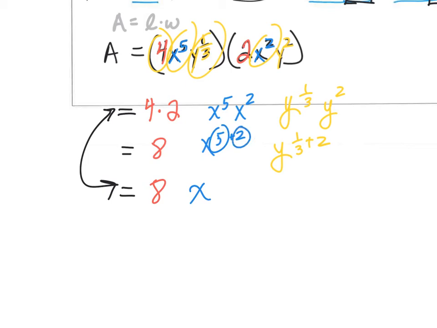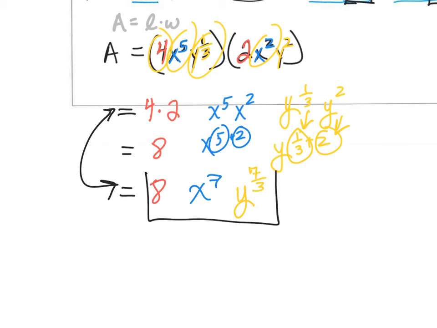X to the 5 plus 2 is 7. And in this case, if my fraction skills aren't acceptable, then I would use my calculator. I would say alpha y equals, type in 1/3 plus 2, and have it give me the answer. And that would be y to the 7/3. And that's my answer. I have 8x to the 7th, y to the 7/3.